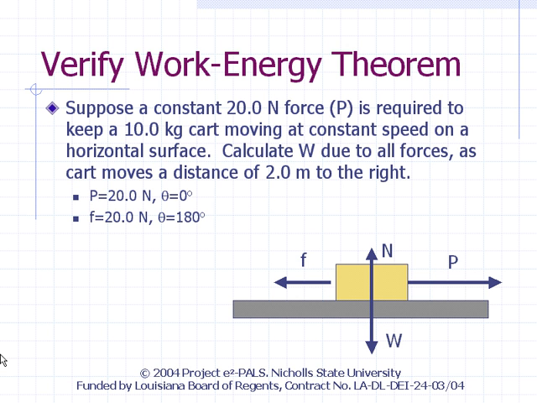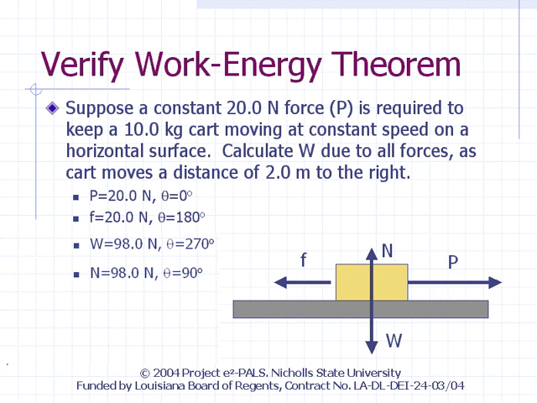So theta is 180 degrees. W, the force of gravity on the object, is 10 kilograms times the acceleration due to gravity, or 98 newtons. Theta for W is negative 90 degrees, or 270 degrees.